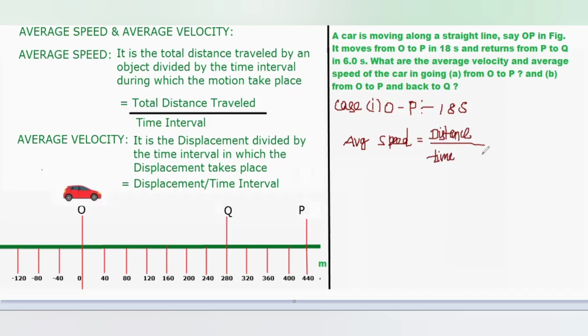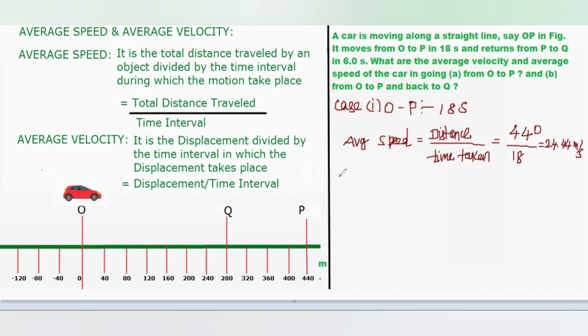The distance from O to P is 440 meters, divided by the time taken in this motion, 18 seconds. When you divide, we get 24.44 meters per second.